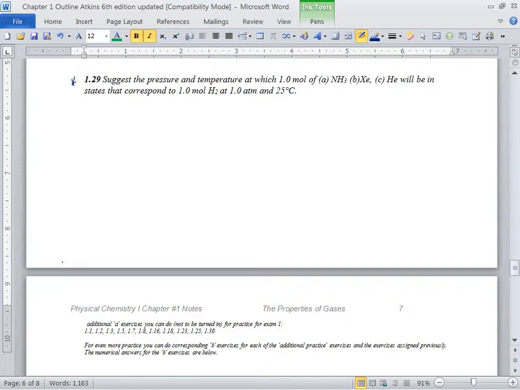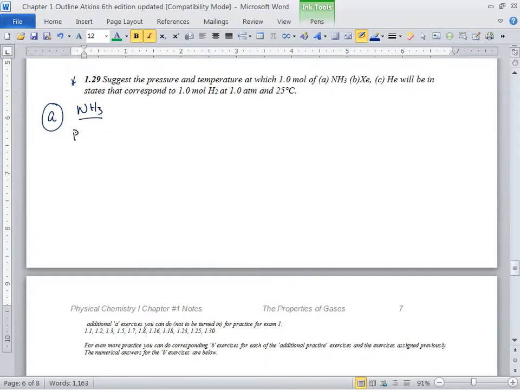Suggest the pressure and temperature at which 1 mole of ammonia, do the same for xenon, same for helium, will be in states that correspond to 1 mole of hydrogen at 1 atmosphere and 25 degrees Celsius. So in other words, for part A, you have ammonia.